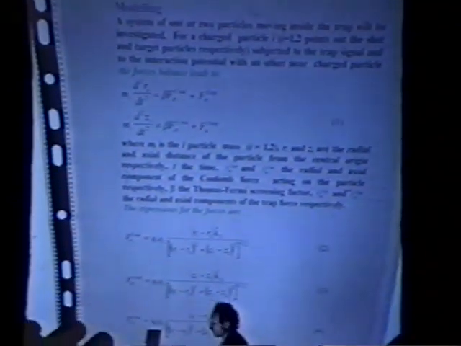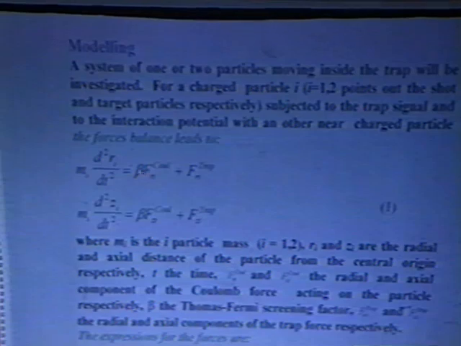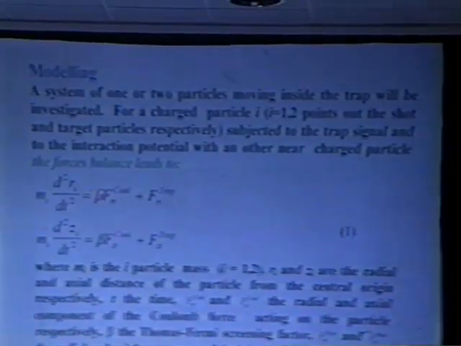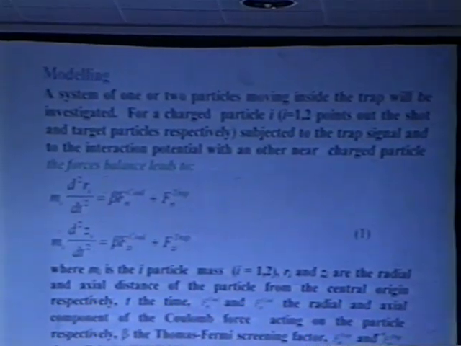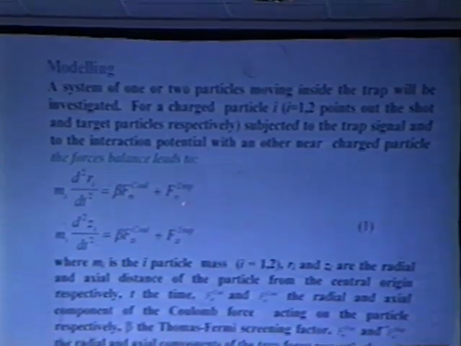Let's go on with the mathematical model. It takes into account just the balance of forces, giving us the equation of motion. Here we have the repulsive Coulomb force times the Thomas-Fermi screening factor, and here we have the force of the trap acting on the ions.